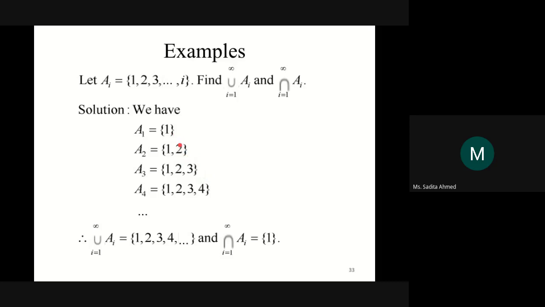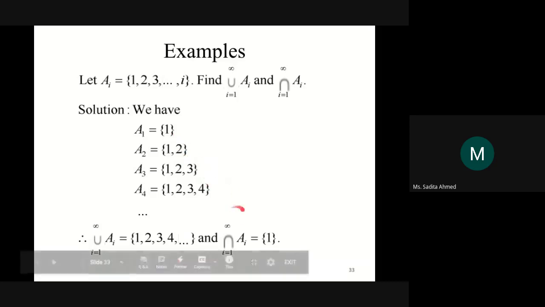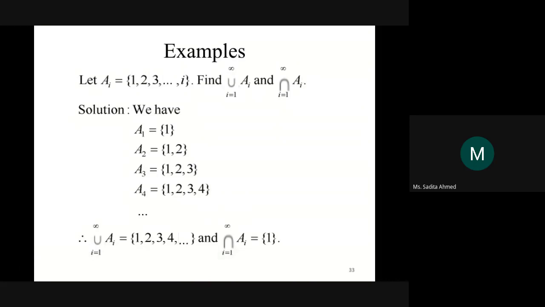We cannot put it in the generalized intersection. And as you keep on progressing, new elements will get added. But will we put the new elements in the generalized intersection? No. Because unlike union, in intersection we have to keep the common elements. The new elements will not be there in the previous sets, so we cannot keep the new elements there.